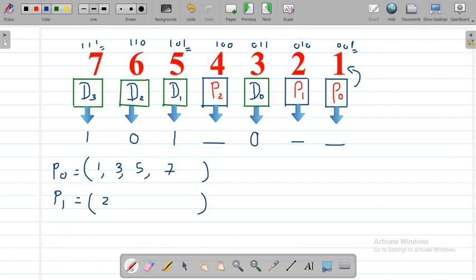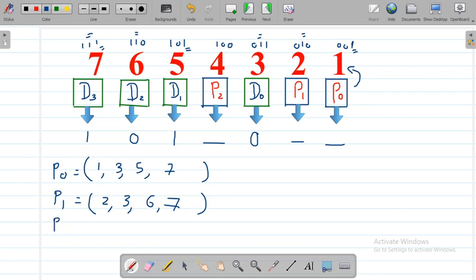Then skip 4 and 5, check 6 and 7. The second method is, since the second LSB is 1, check the positions at which the second LSB is 1. So 2, 3, 4 and 5 are not, 6 and 7. This way also you can write down the digits 2, 3, 6, 7.